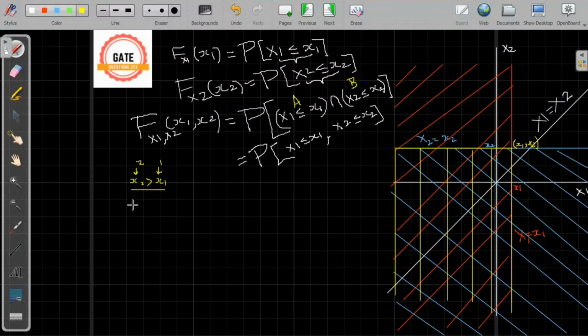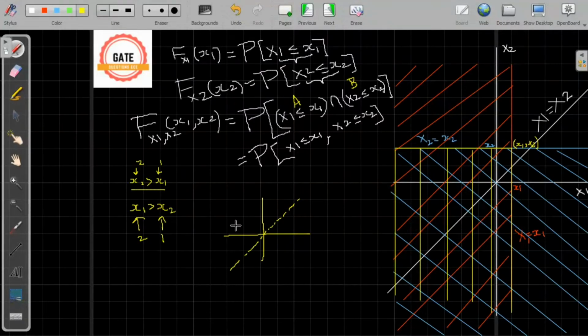There can be another case in which x1 is greater than x2. For example, x1 can be 2 and x2 can be 1. In that case, this corner of the region of our interest will lie below this x1 equal to x2 line, and it will look like this. Suppose this is the x1 equal to x2 line.